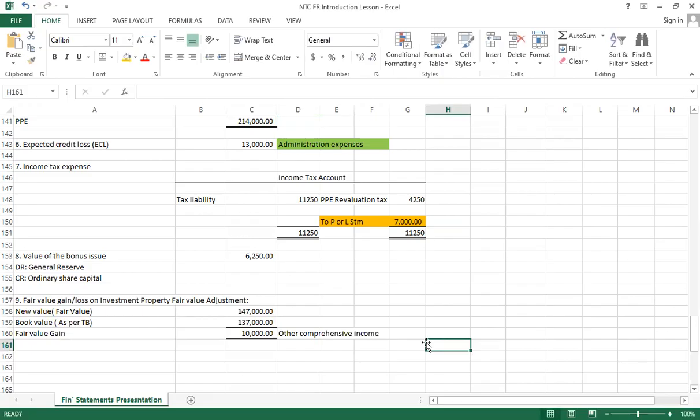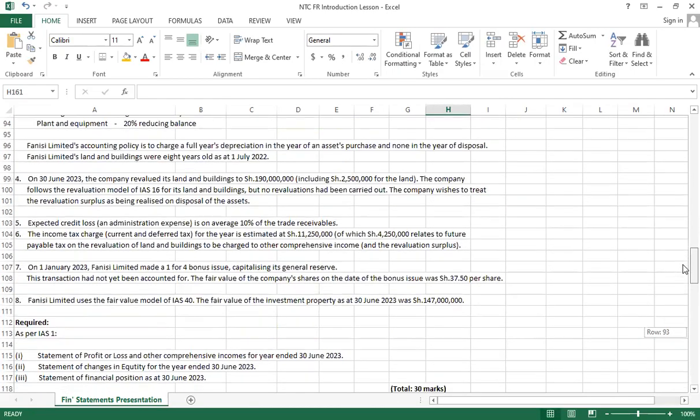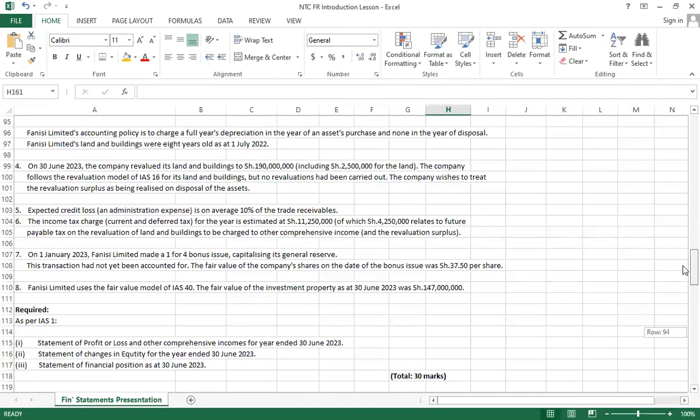So it will be part of the other comprehensive income. And I think that is it for the additional info, yeah?